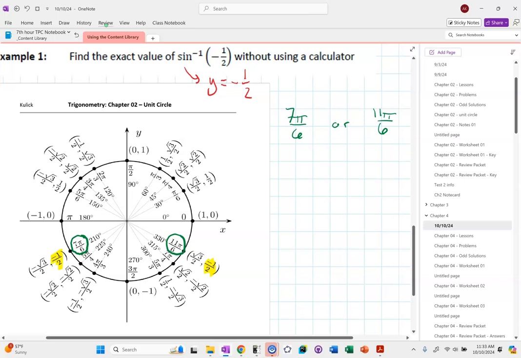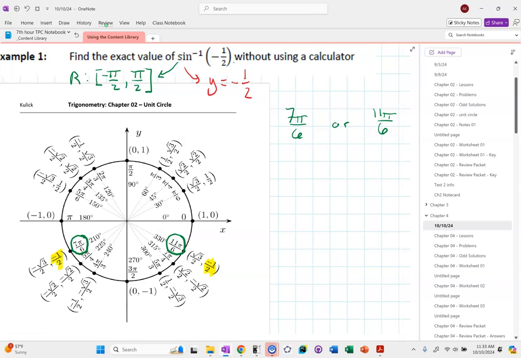Too bad that those are both incorrect. The reason they're incorrect is because, since we're talking about sine, the range of outputs for sine inverse has to be between negative pi over 2 and positive pi over 2. If we leave the pi's off, sometimes it's a little easier to think about. So we're looking at between negative 1/2 and positive 1/2.